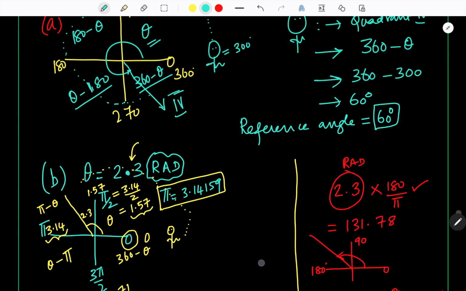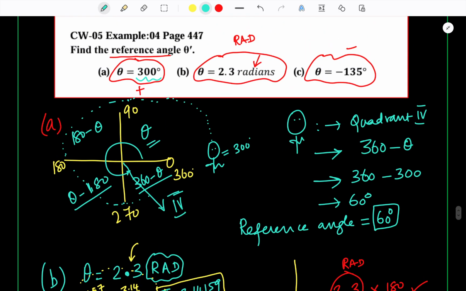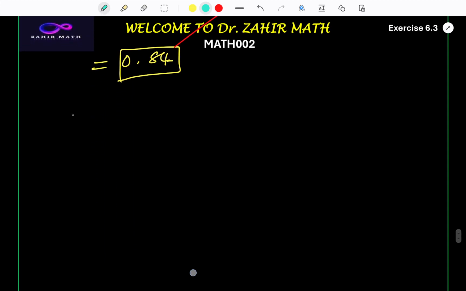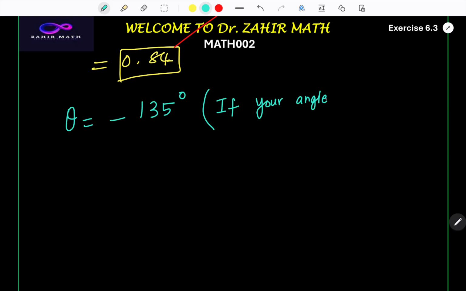The next thing is negative 135. This is only a little, you need to think a lot. Theta equals negative 135 degrees. Keep in your mind, I'm going to say something and also write it in English. This rule is for the reference angle.